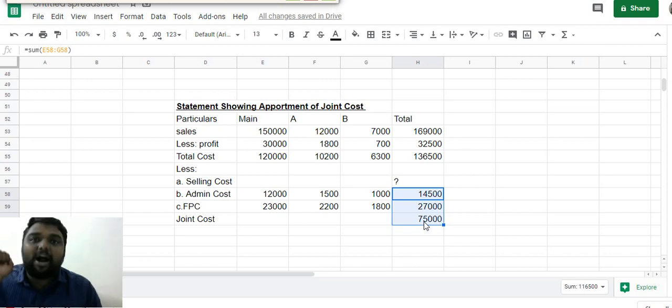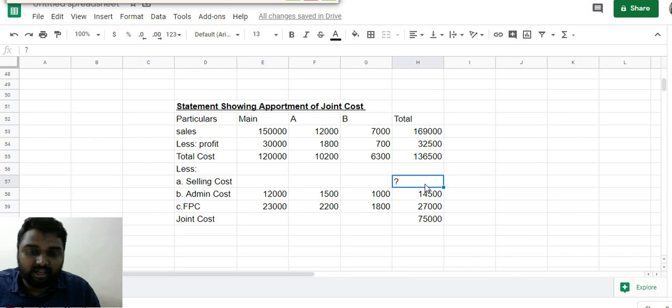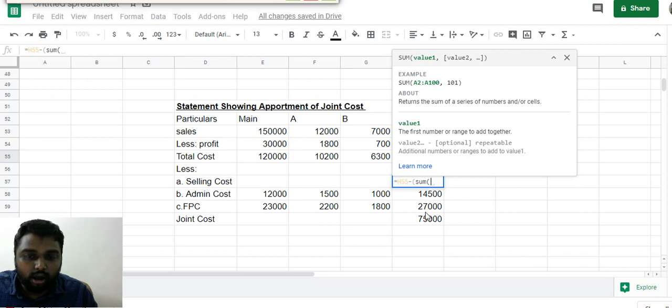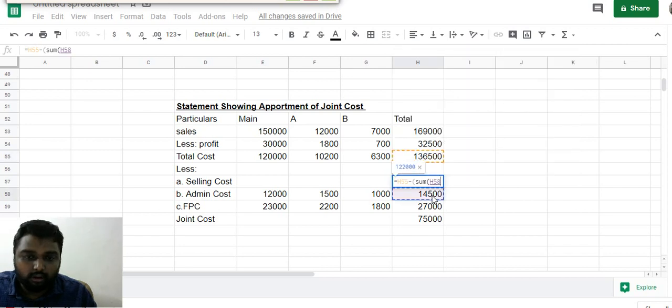So what will be the selling cost? It is the balancing figure. That means the total cost is 1 lakh 36,500 minus the sum total of all the other costs.